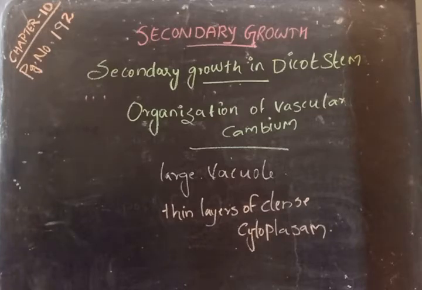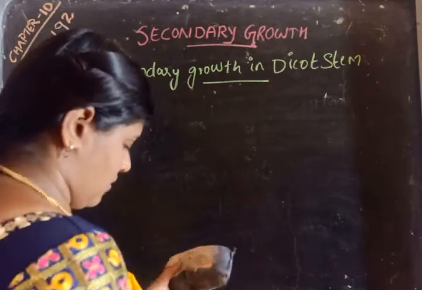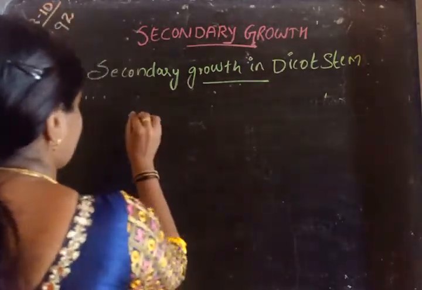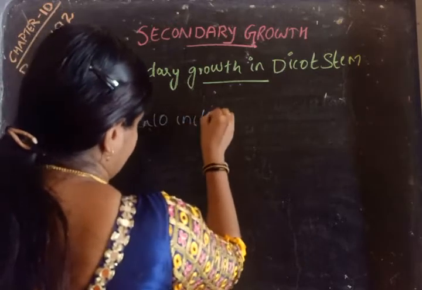The most important character of vascular cambium is the presence of two types of initials.